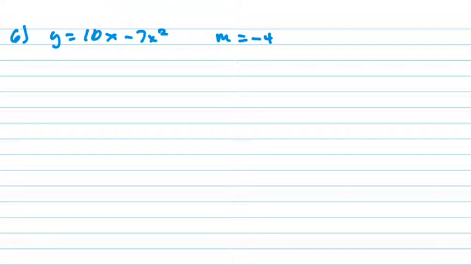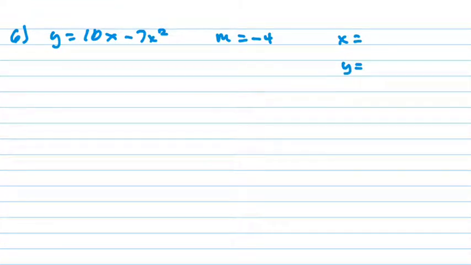So number 6, we have y equals 10x minus 7x squared, where the gradient is negative 4. So m is negative 4. I know the slope, and they're asking me to find the point, so I need to find my x and my y.